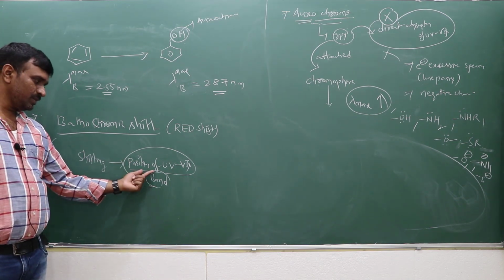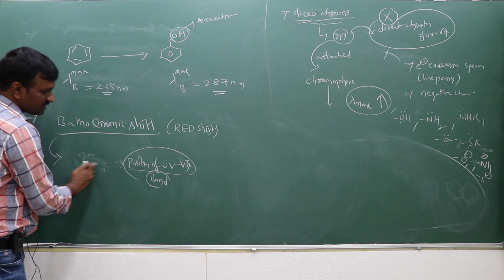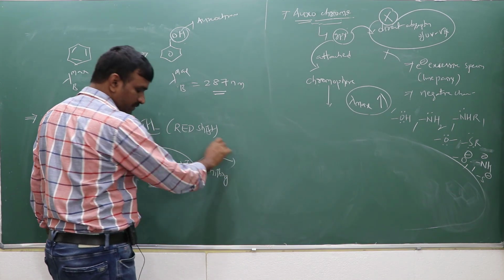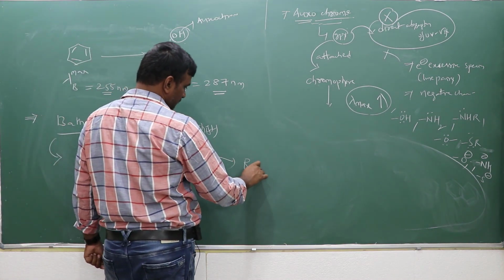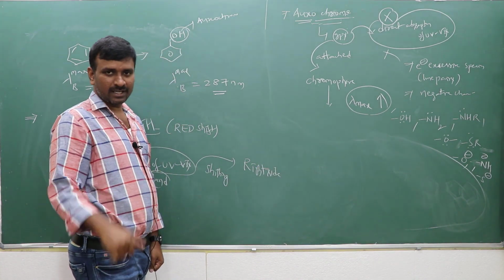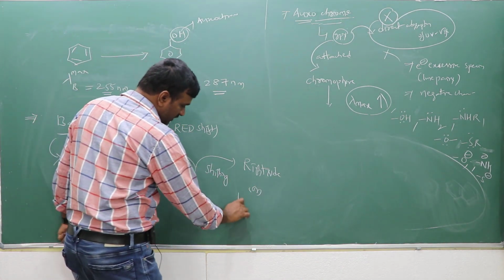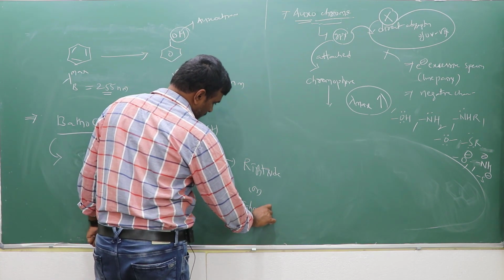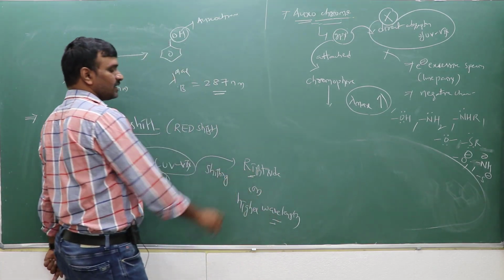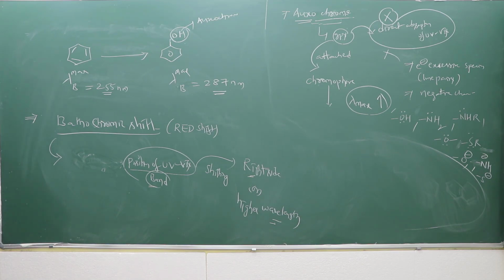This position of the UV visible band is shifting towards the right side of the UV visible spectrum, or shifting towards the higher wavelength side of the UV visible spectrum. That is considered as bathochromic shift.